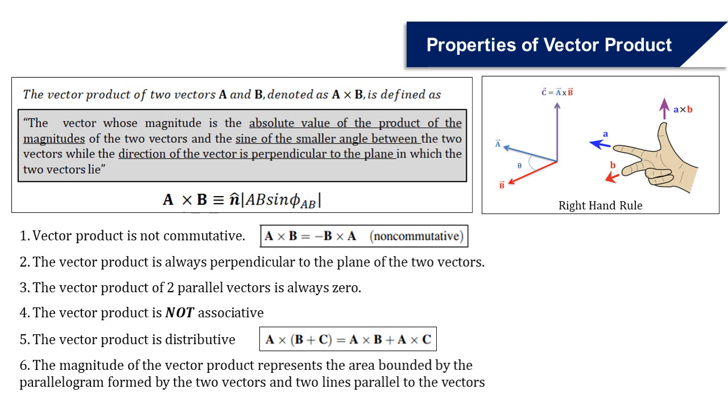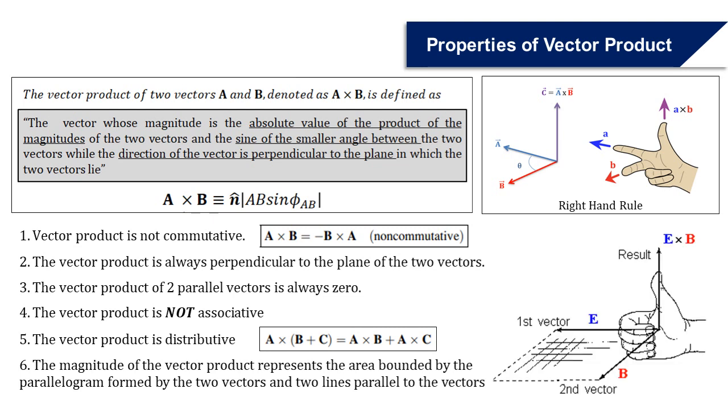Lastly, the magnitude of the vector product represents the area bounded by the parallelogram formed by the two vectors and the two lines parallel to the vectors. Medyo mahaba, no? Pero ganito yan. So, ibig sabihin, kung gagawa pala tayo ng parallelogram using the two vectors na kinukuha na natin ng vector product, makaka-form tayo ng parallelogram.